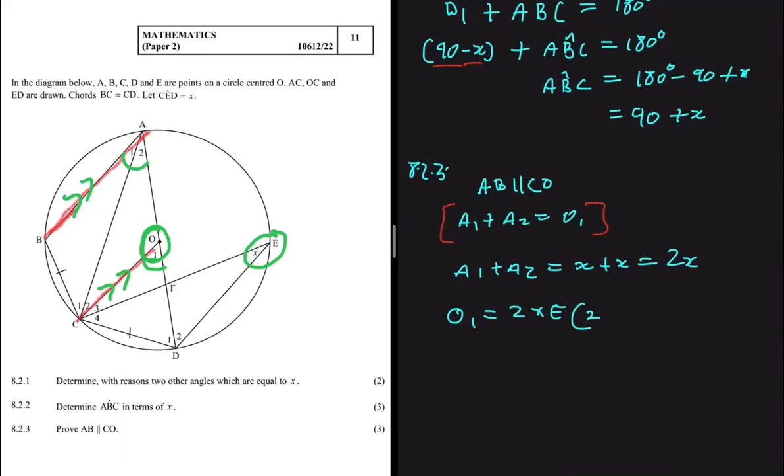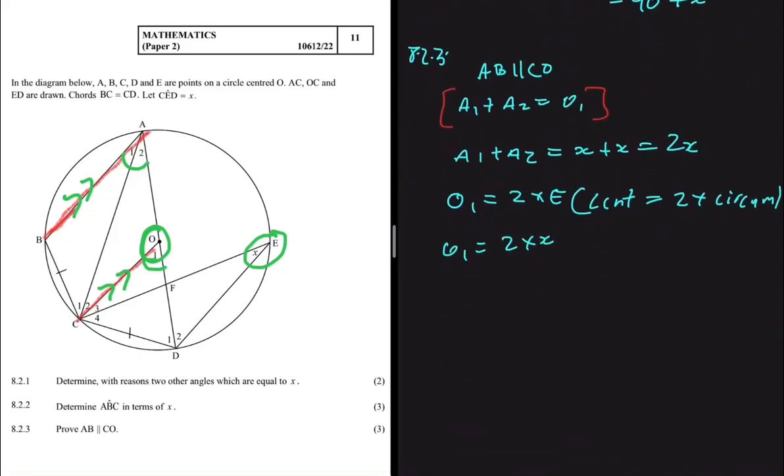So you write that down. So now we have O1 being equal to 2 multiplied by x. So now A1 plus A2 is indeed equal to O1 because they're all equal to 2x. And by saying that, we've essentially proved that our line AB is parallel to CO.